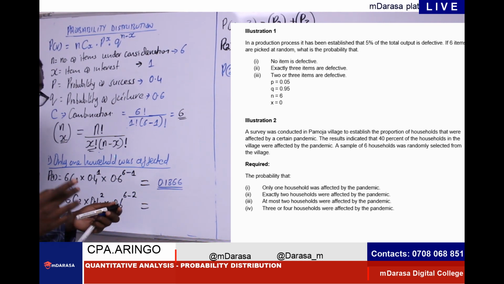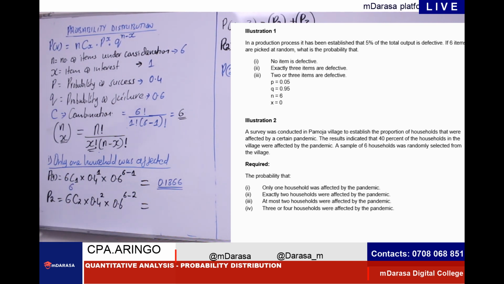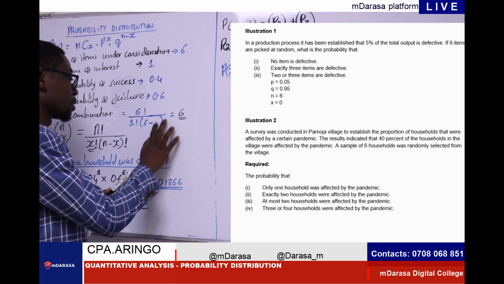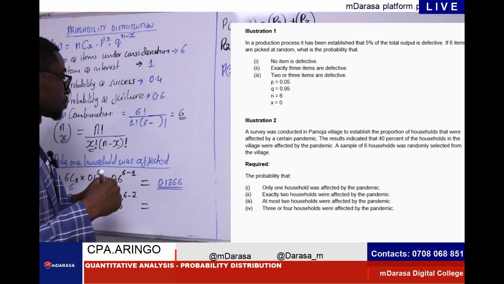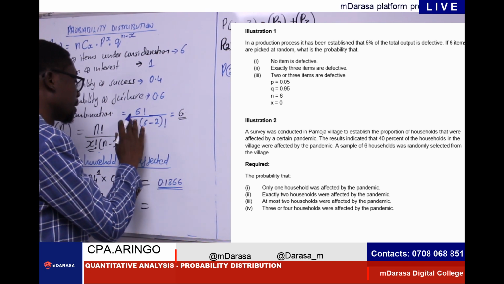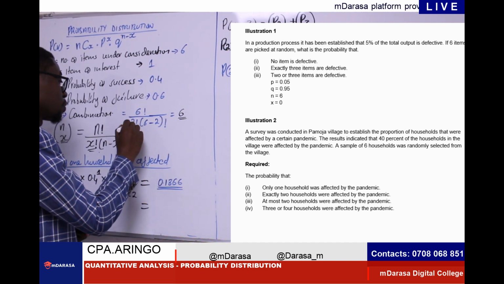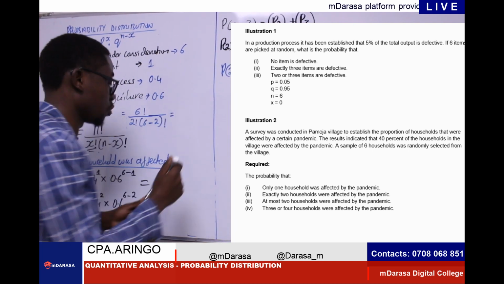So what are we going to have here? At this point, this will be simple. Here I'll have 2, and here I'll have 2. So what will your values be?